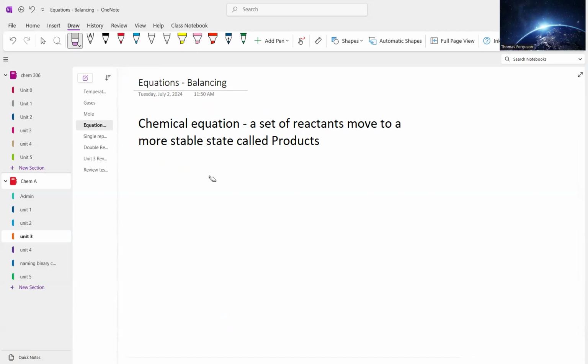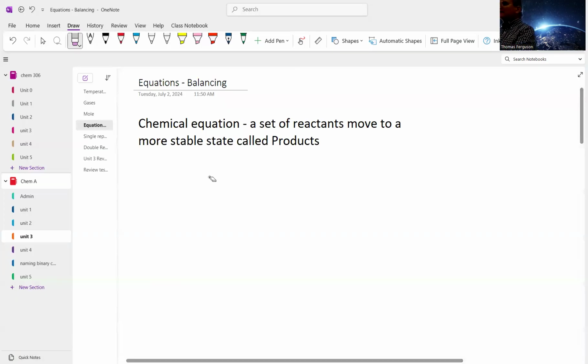Okay, so this chemical equation, and then we'll move to the products of that reaction. You have a mixture of product and reactant. Now, it's the conservation of mass bit.